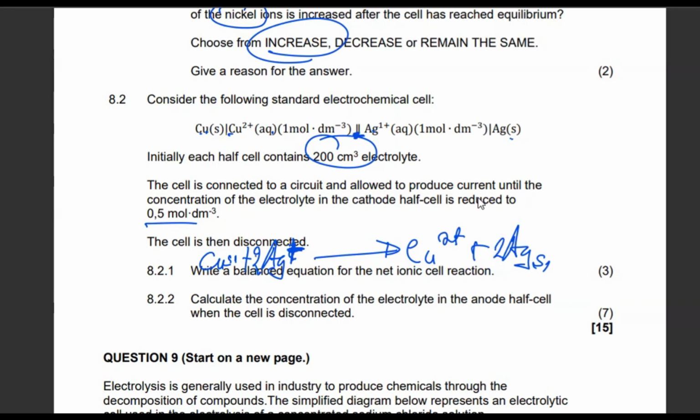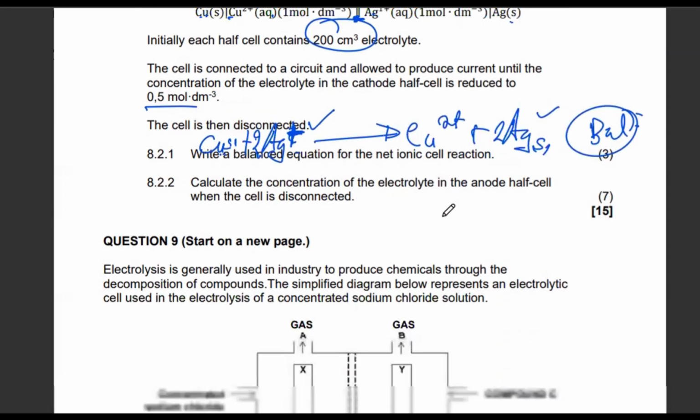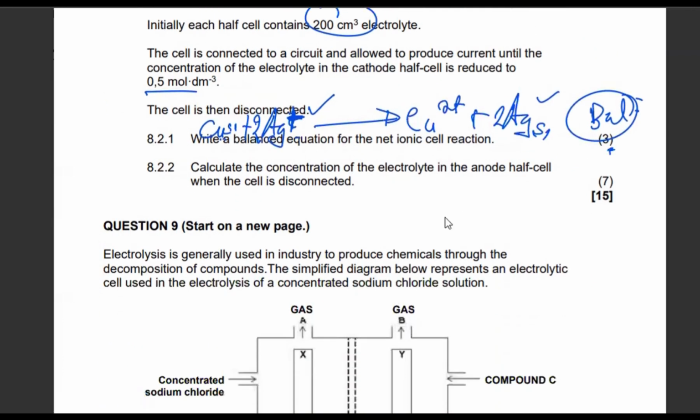I need 2 moles of silver ions to deal with 1 mole of copper. So that's how the equation looks. When marking, we shall mark the products, and then we shall mark whether it is balanced. That's how you get these 3 marks.